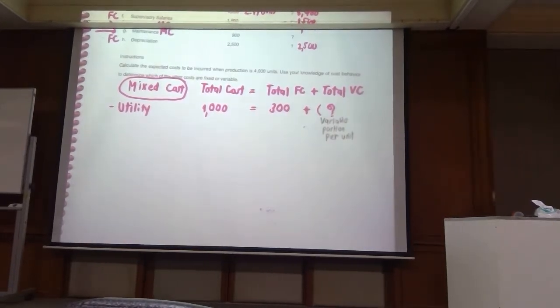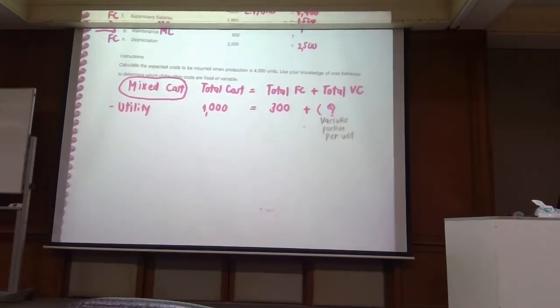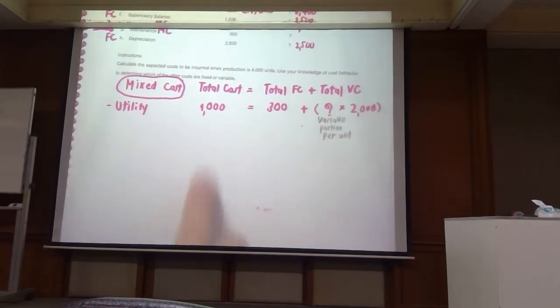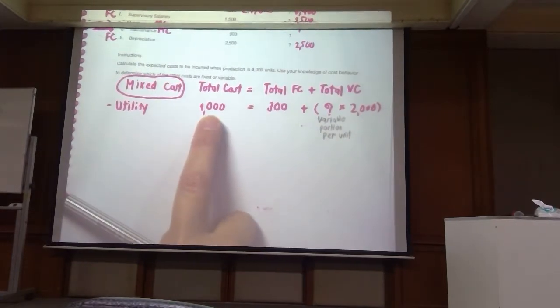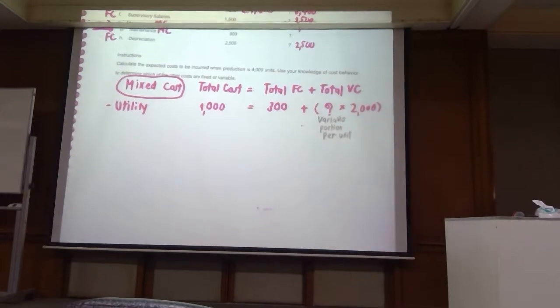Variable portion per unit, okay? This one is unknown, right? But we know that the total variable cost, we can compute by multiplying the variable portion per unit with the number of units that you produce, okay? We know that the utility cost of 1,000 incurred when we produce 2,000 units, okay?